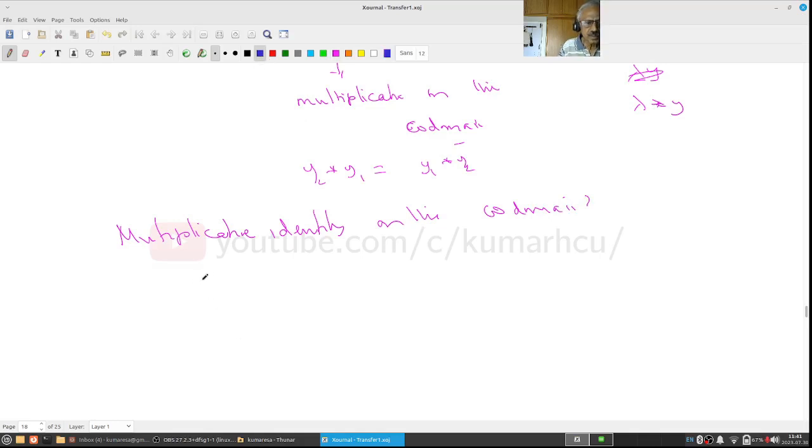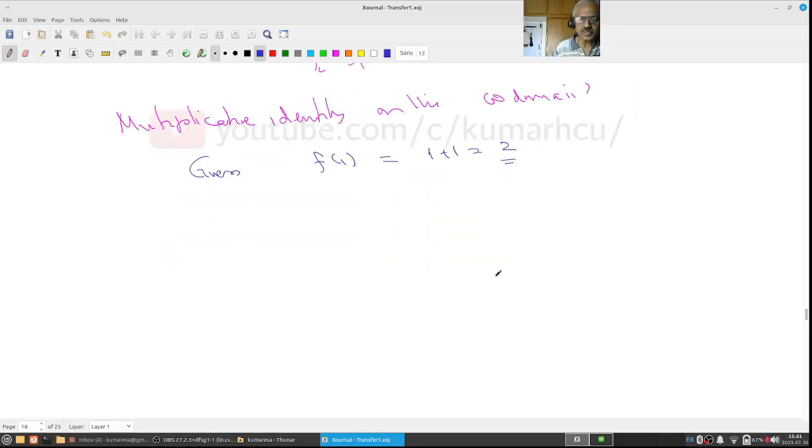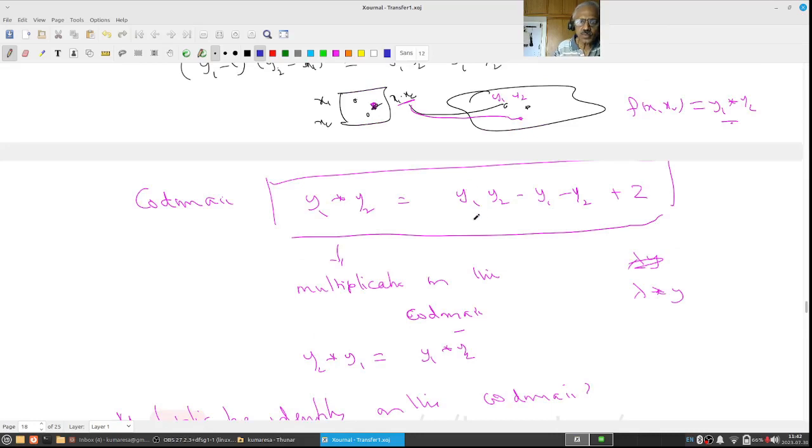It is f of 1, but what is f of 1? That is 1 plus 1, which is 2. How do I check it? Start with any y in the codomain, y star 2. That is going to be 2y minus y minus 2 plus 2, which is y.